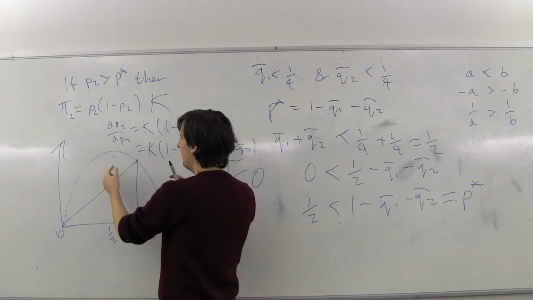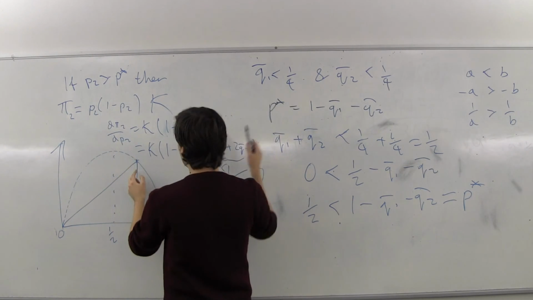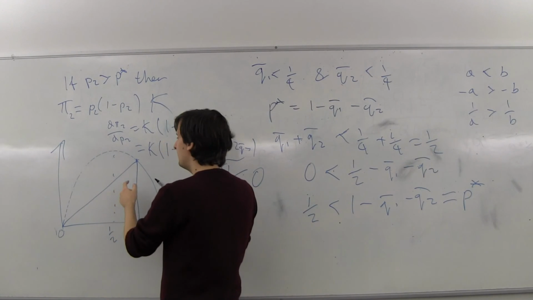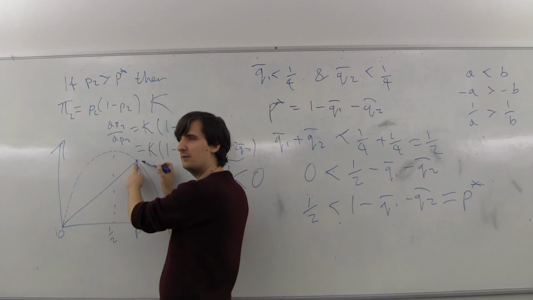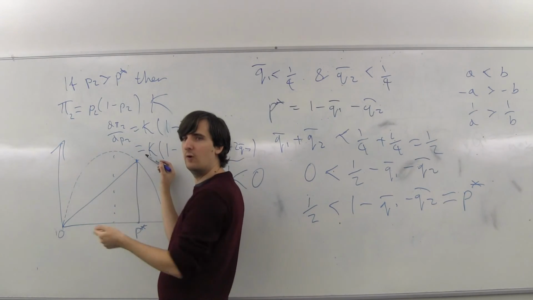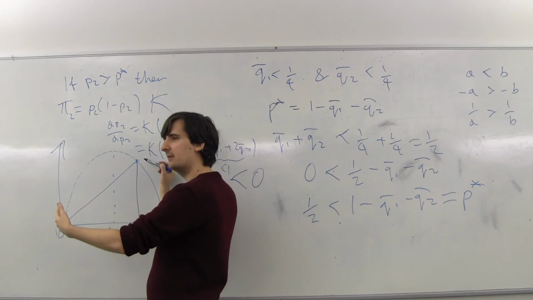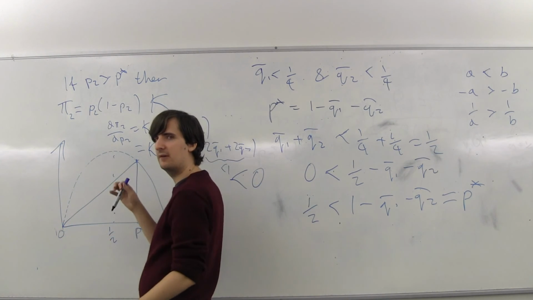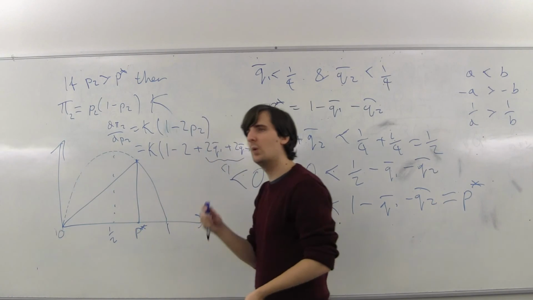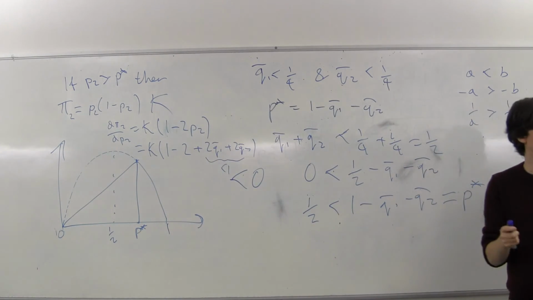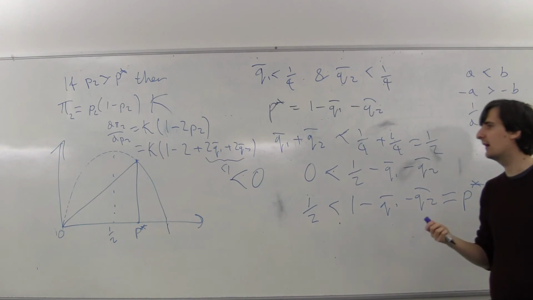So this function here is maximised at a half, and P star is bigger than a half, therefore we started out to the right of the maximum. We've already shown that we don't want to decrease our price. If we're to the right of the maximum, then we don't want to increase our price either. All we were trying to establish in the second half of this proof was, do we want to increase our price?